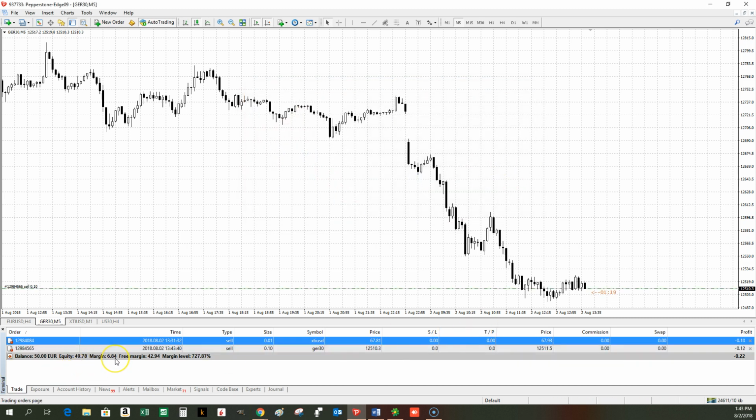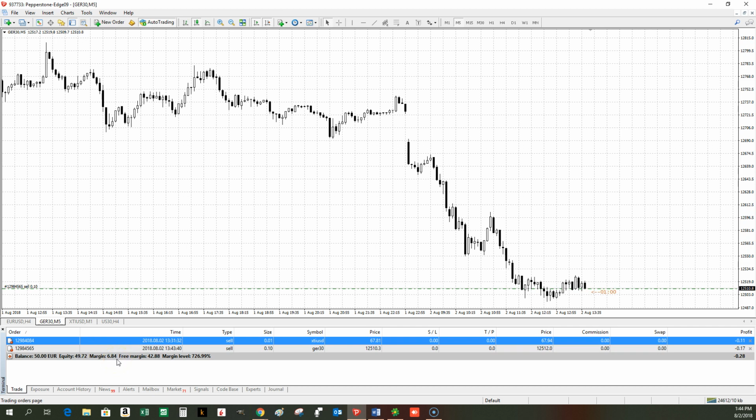So remember, we had a margin of 0.58 euro when we opened the oil, right? And now the margin is 6.84 euro.